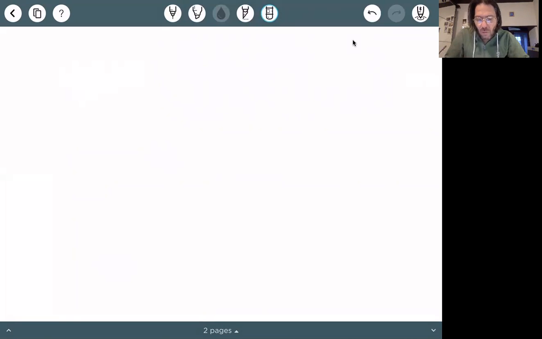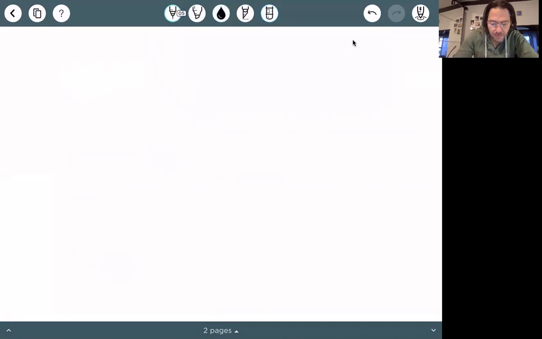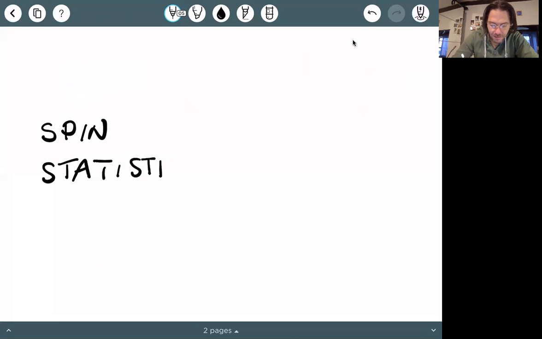So what is this new law that is fundamental and shapes the structure of matter, especially of condensed matter, such as chemistry or materials or anything like that? It is the so-called spin statistics theorem.